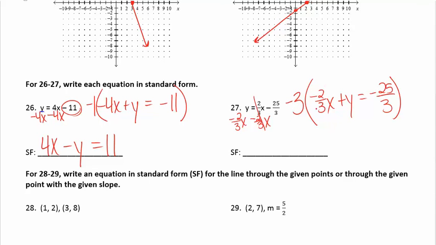So be careful with what happens here. The 3's cancel each other out, and you're left with this 2 on top. But also because we're getting rid of the negative, it's a positive 2x. -3 times y is -3y. And it's going to equal, the 3's are going to cancel each other out again, and the negatives multiplied together are going to give you a positive 25. So 2x minus 3y equals 25.